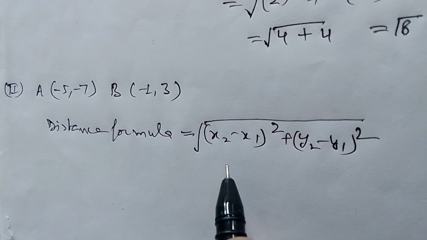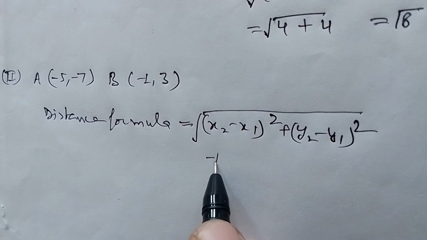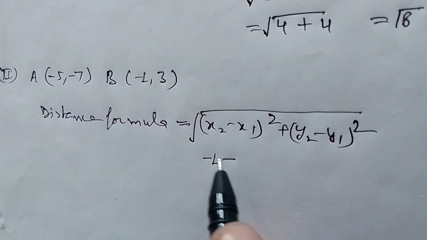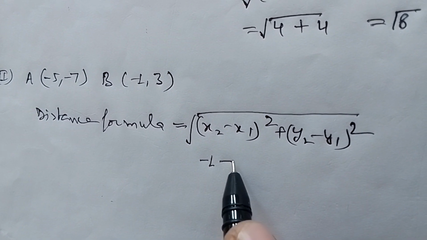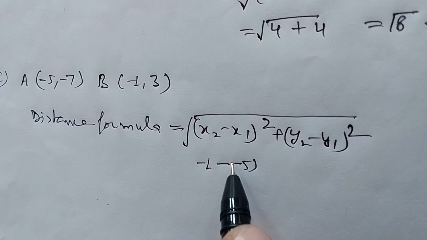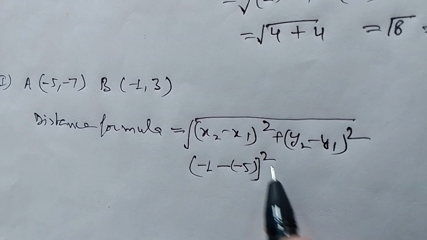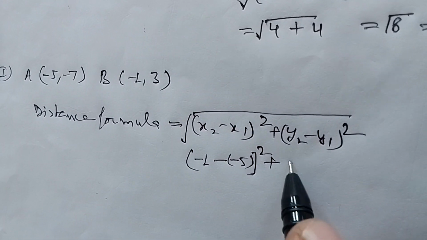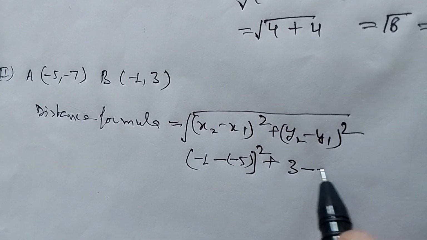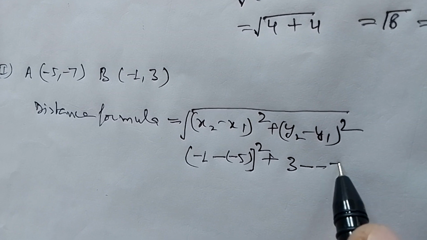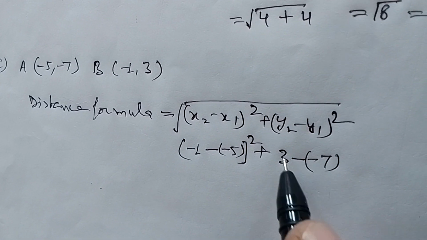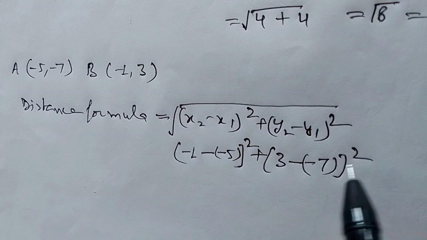So by putting the values, x2 minus x1: minus minus becomes plus, and then plus y2 minus y1, again minus minus plus, squared.